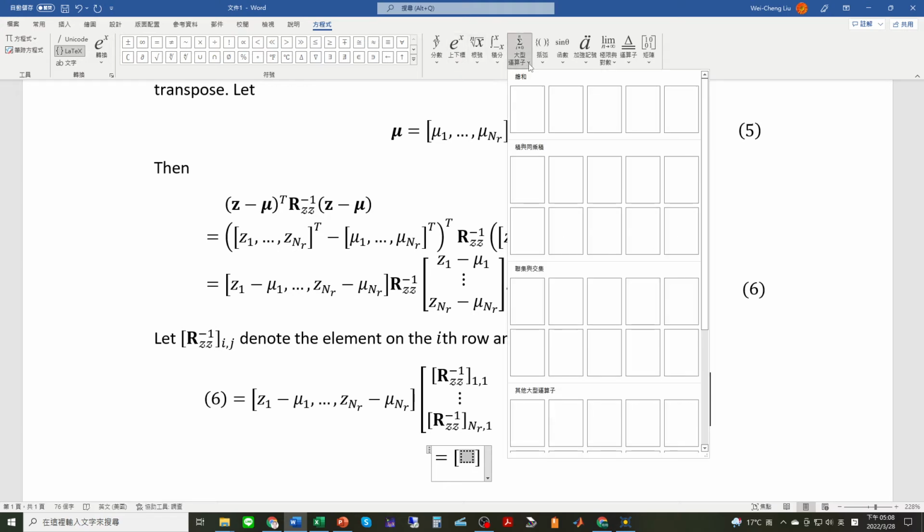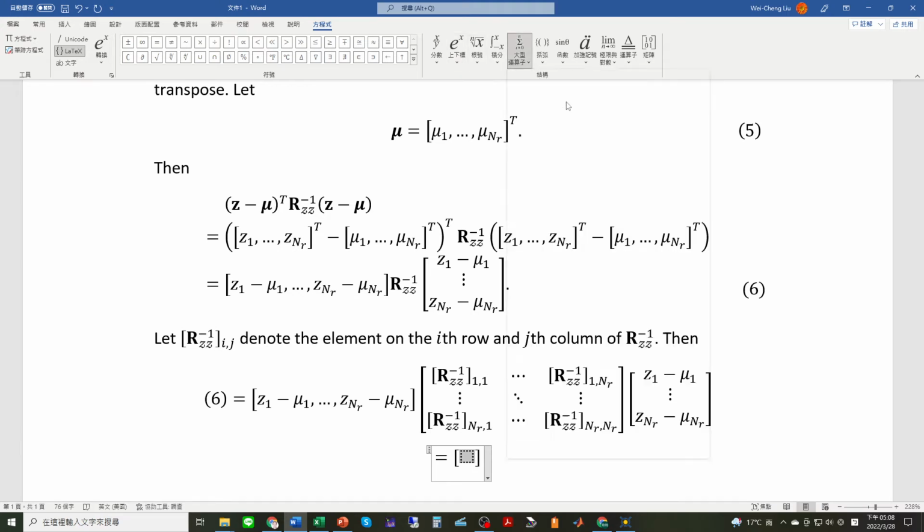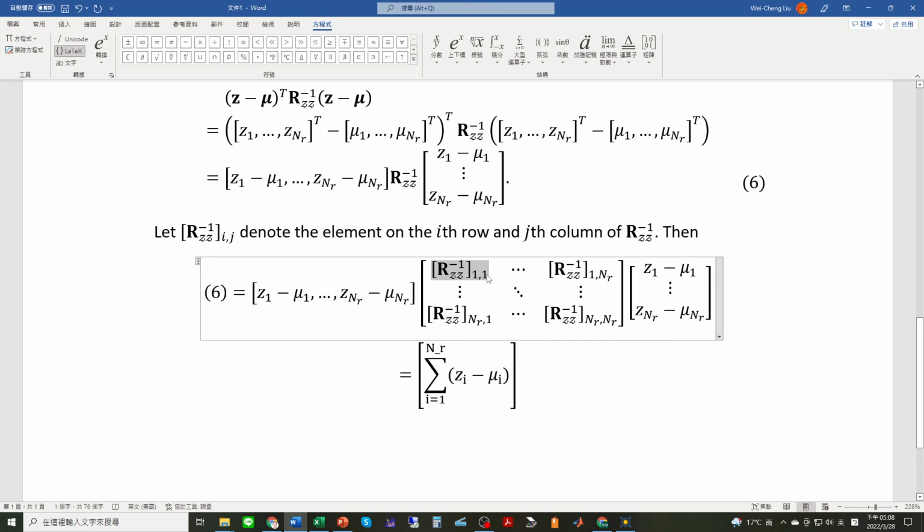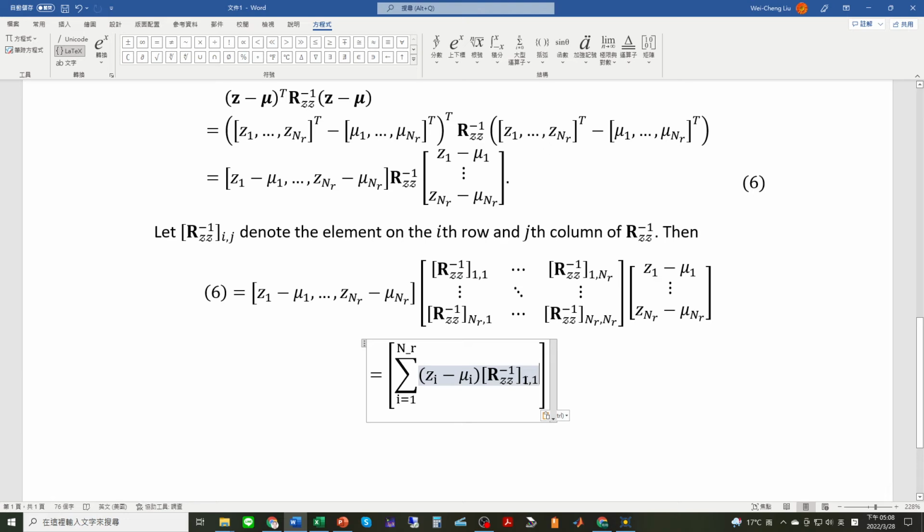Okay, we will get summation, I is equal to 1 to NR, and this is Zi minus mu I, Zi minus mu I, and this should be this term, RZZ inverse I1.